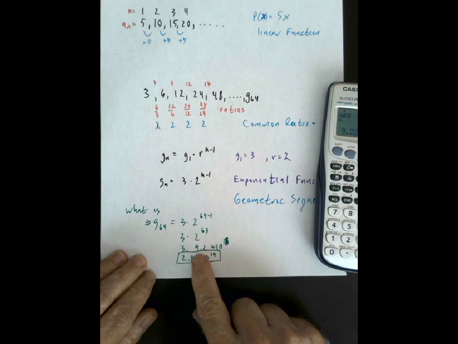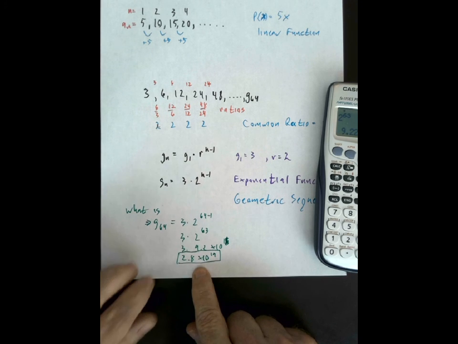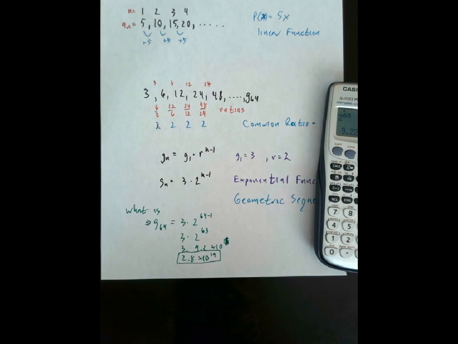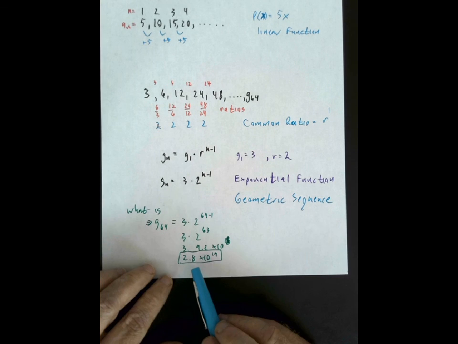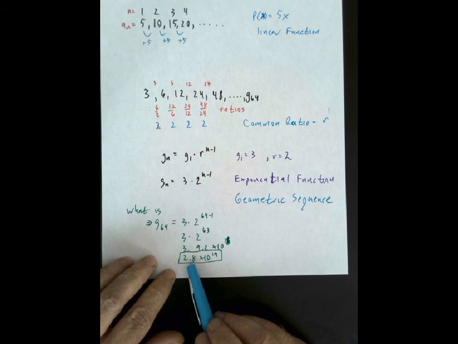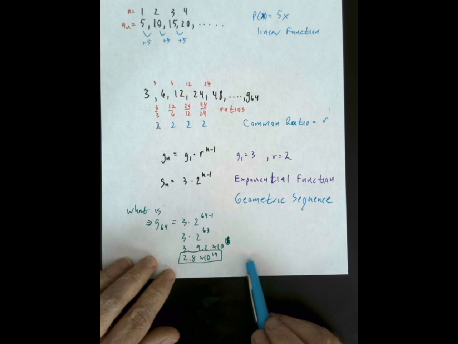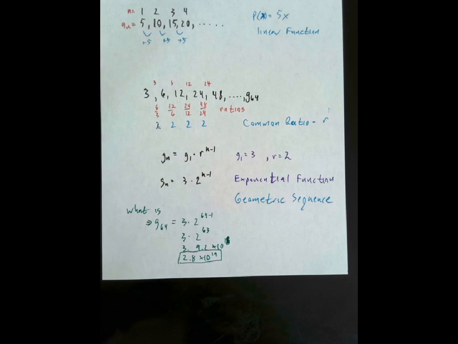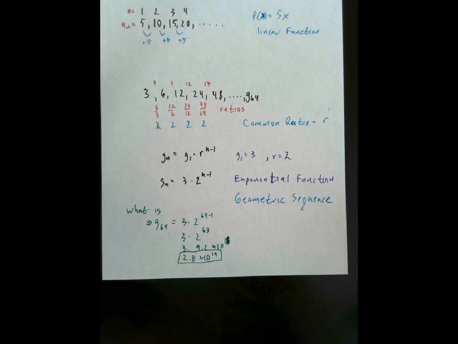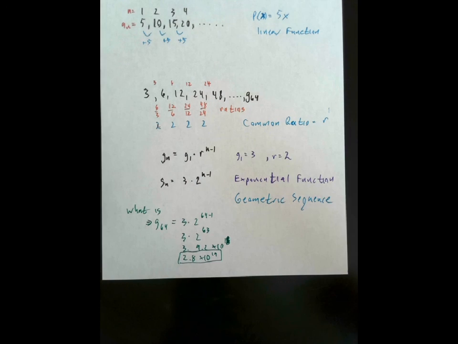Then we multiplied it by 3 and got 2.8 times 10 to the 19th power, which, if you remember putting that in standard numerals, we would take this decimal point and move it over 19 times, putting in zeros to fill the spaces. An almost unimaginably large number of rice grains, a huge amount of rice, right?